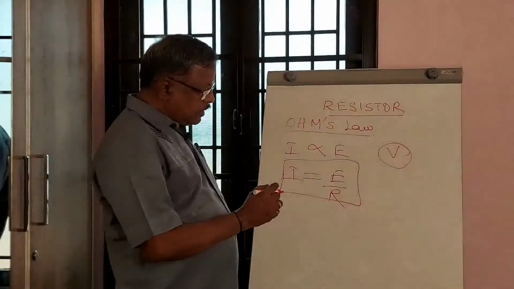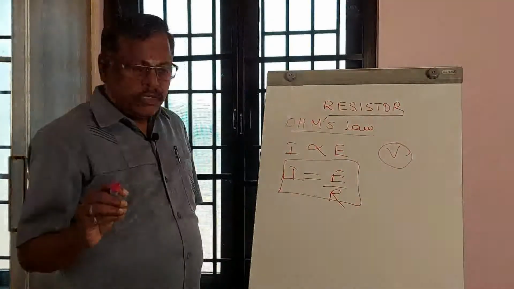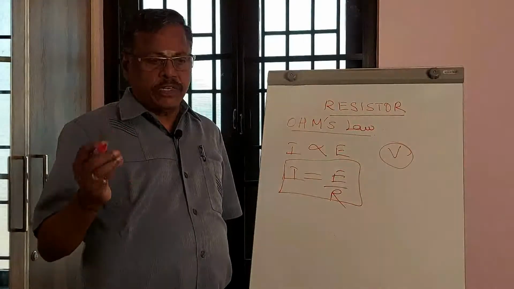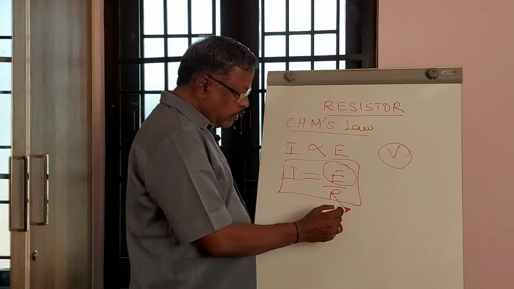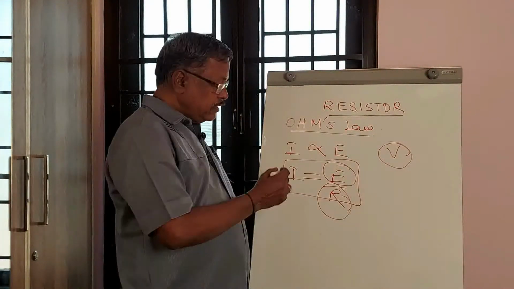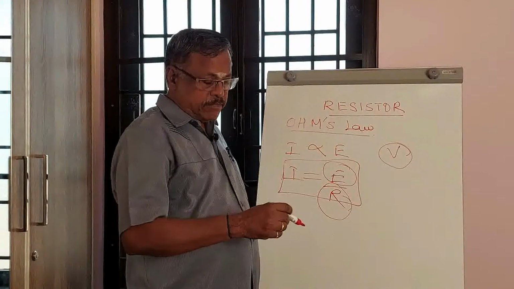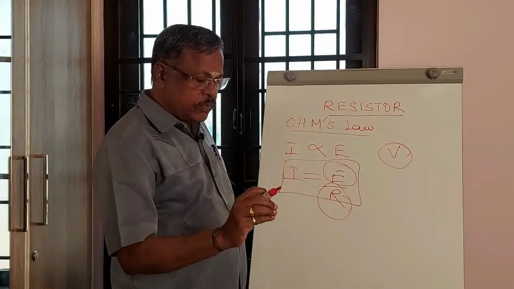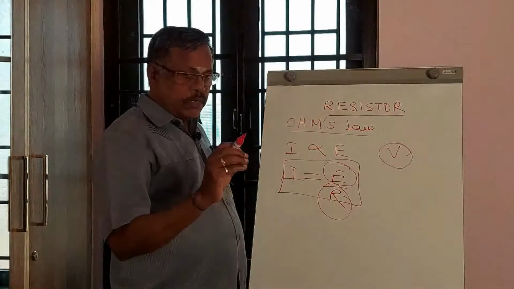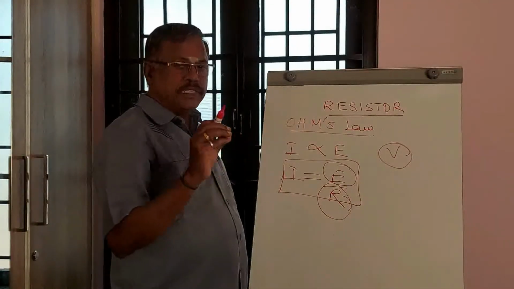In every circuit, the flow of current can be increased or decreased by either increasing the voltage or decreasing the resistance. Resistors are used in a circuit to limit the current through a particular component, so that the component can be saved.